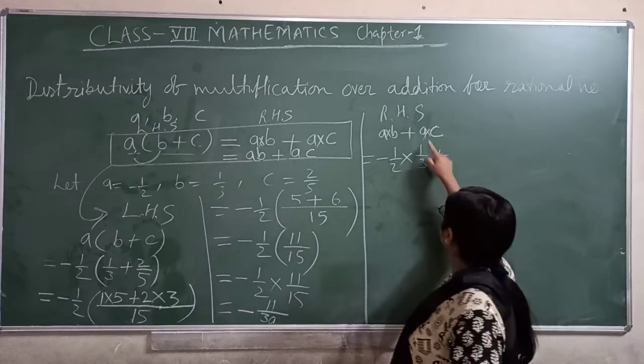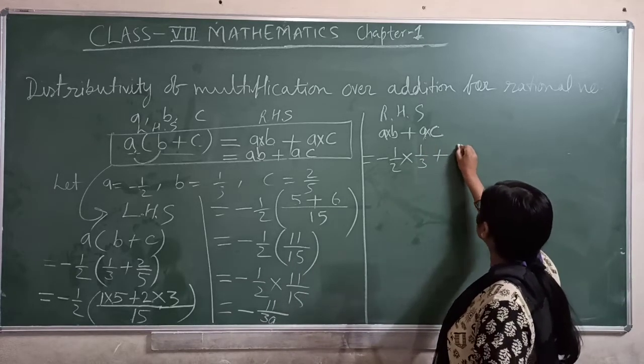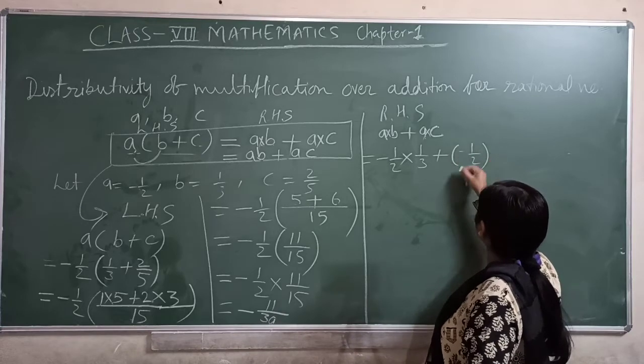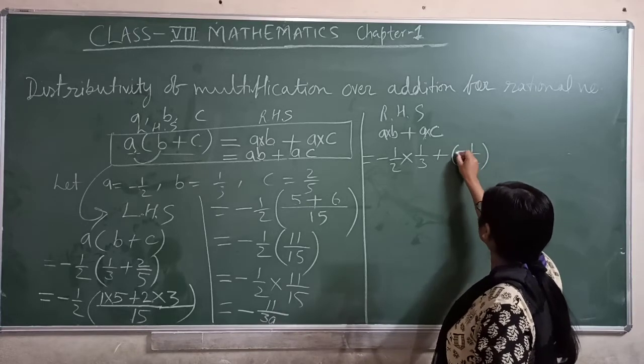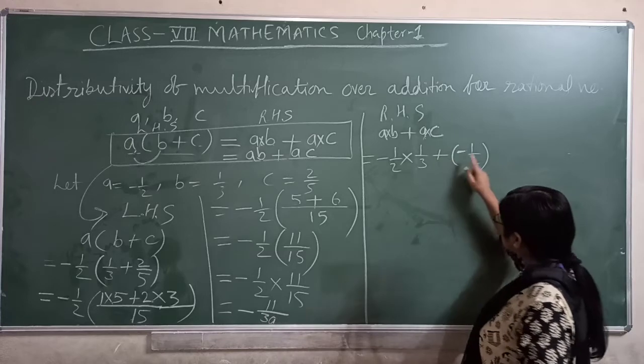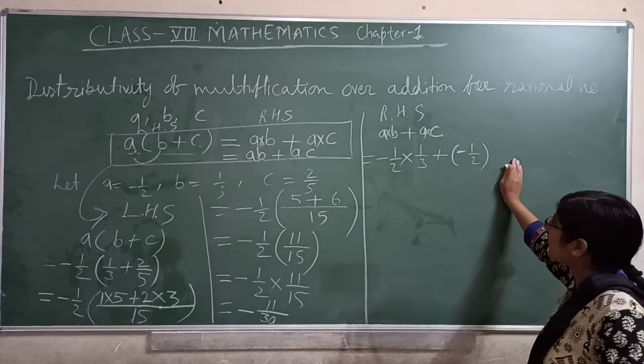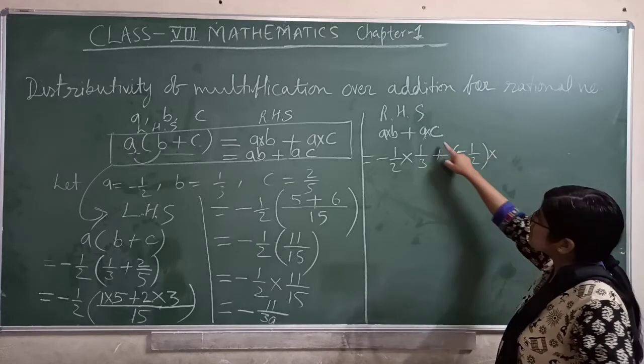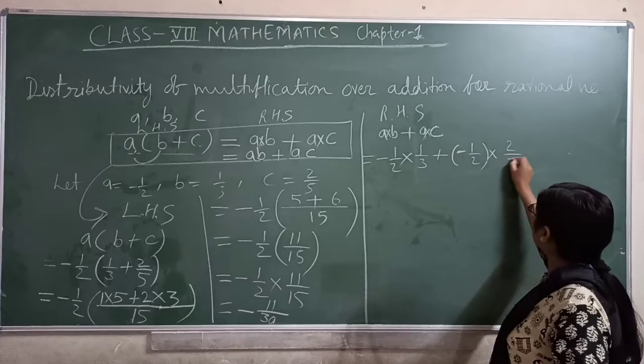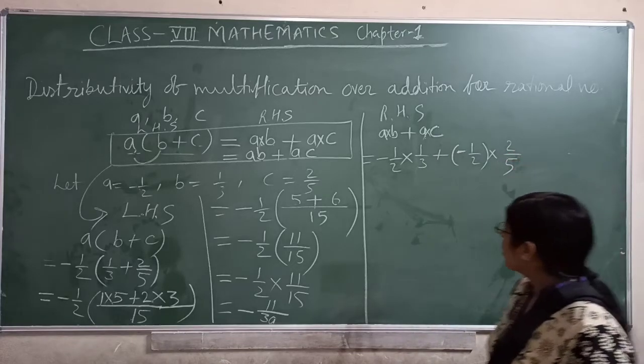Again A here. So within bracket we will write minus 1 by 2. When you have both signs, positive and negative, you will write within bracket, into C. The value of C is 2 upon 5.